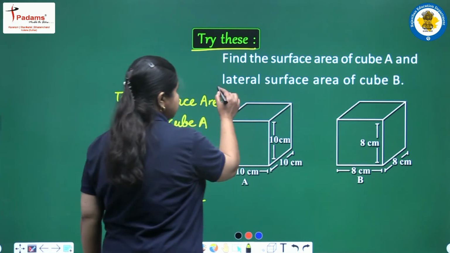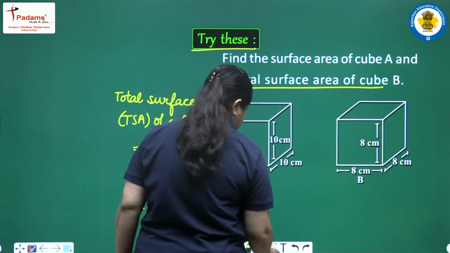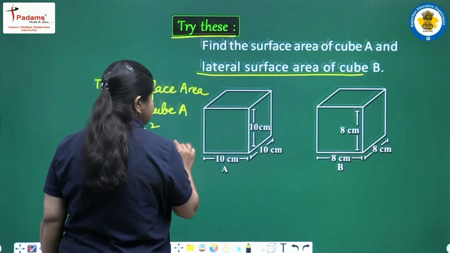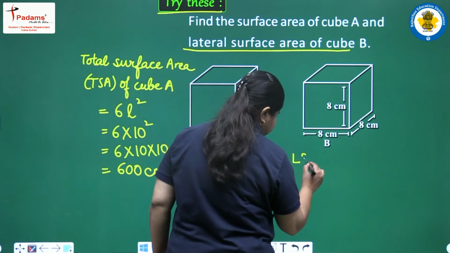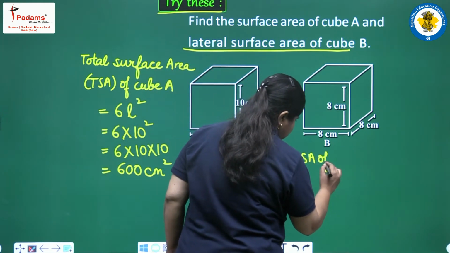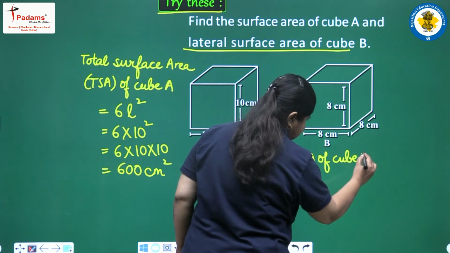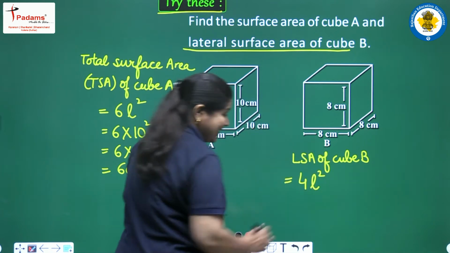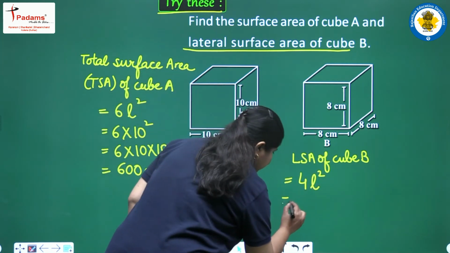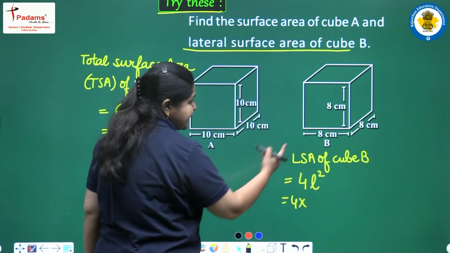Next we have to find the lateral surface area of cube B. For this we will be using the formula. Let me write it in short. LSA of cube B. This will be 4L square. Learn it. And now here 4 into the side is 8 centimeters.